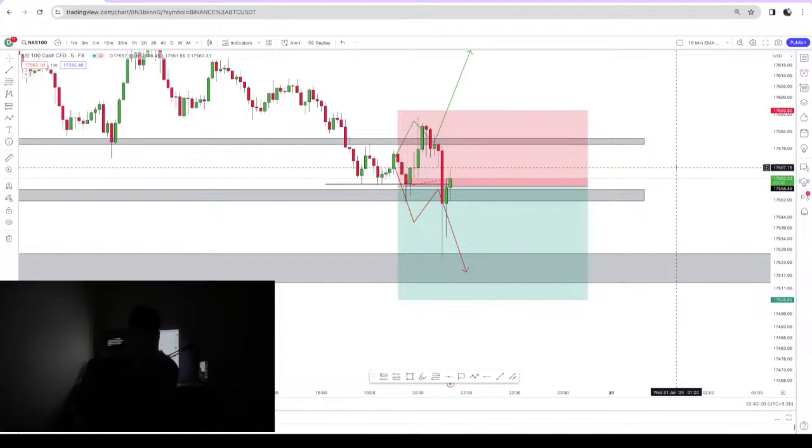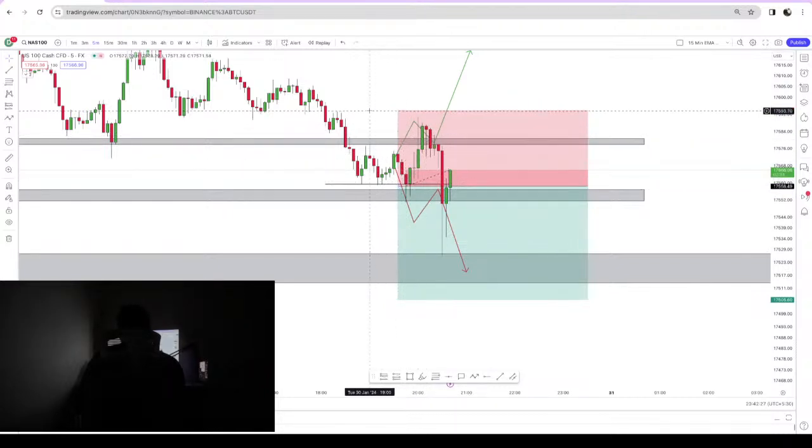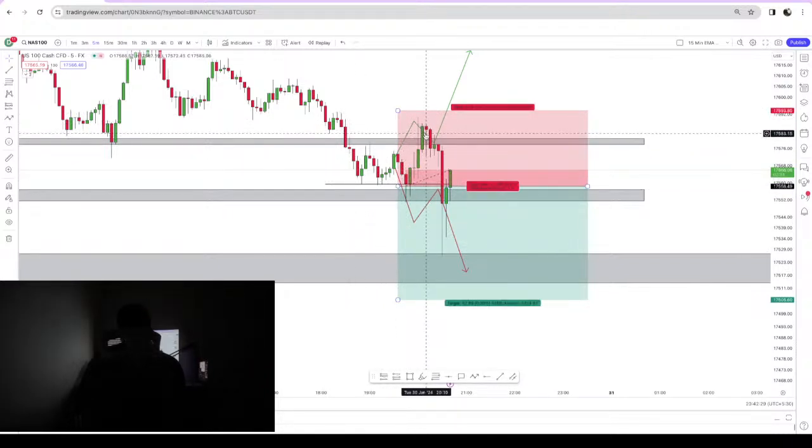If suppose this trade hits target, this was the main reason that I took the stop loss a little far away, right?